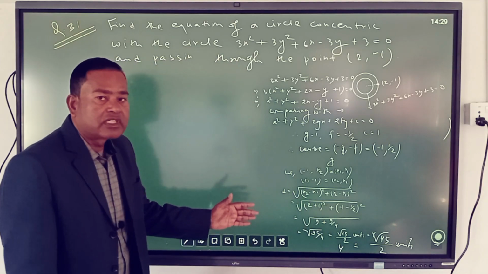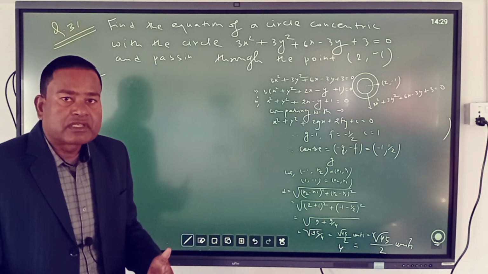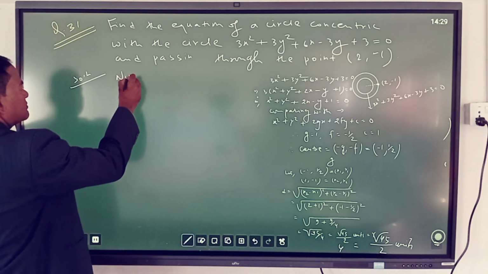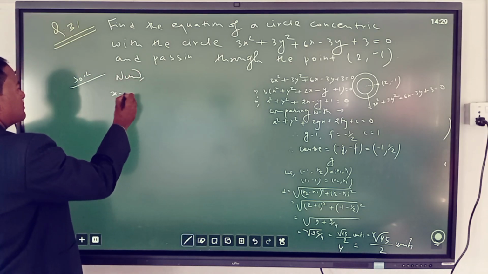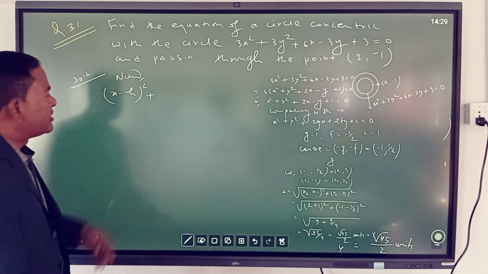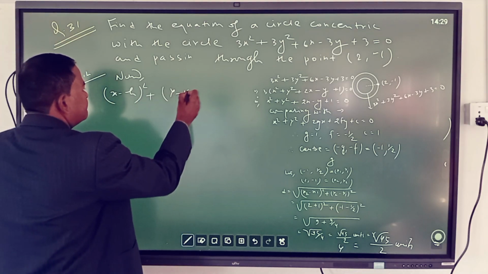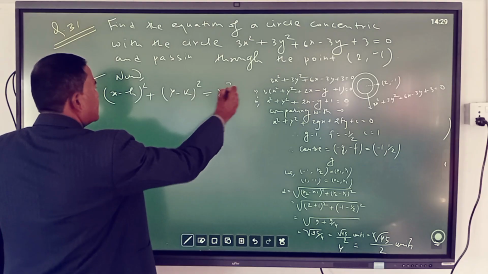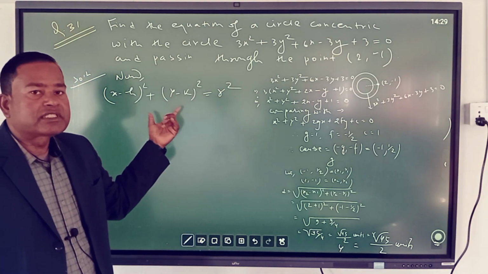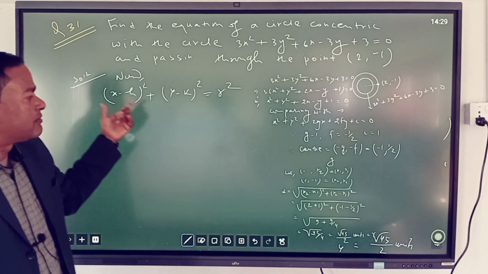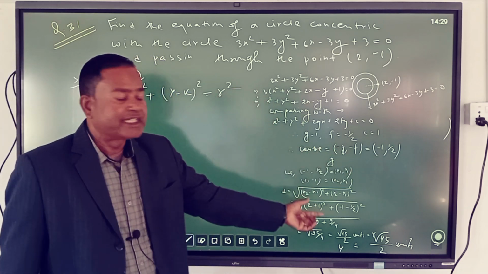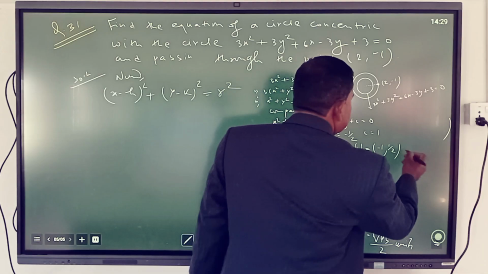So let's use the formula of the equation of circle in the central form. x minus h whole square plus y minus k whole square equals r square. This formula is called equation of circle in the central form because we know the center and we know the radius.